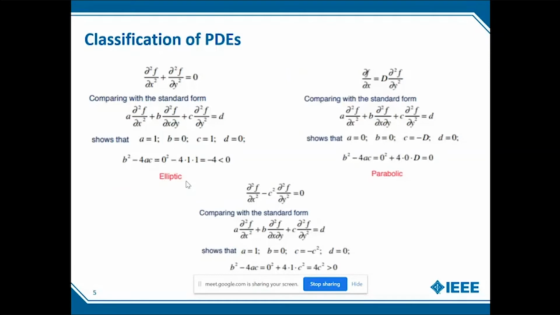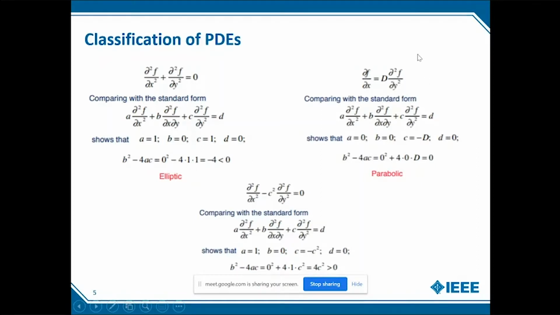So just an example of the previous slide. On the top left, you see that we have just two double derivatives, dou squared f by dou x squared and dou squared f by dou y squared. If you convert it into the form I showed on the previous slide, the discriminant comes out to be minus 4, which is less than 0, and hence we classify this as an elliptical equation.